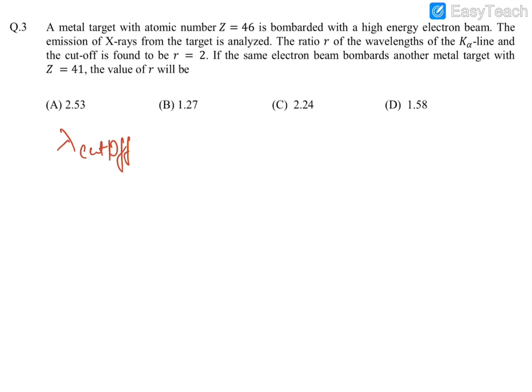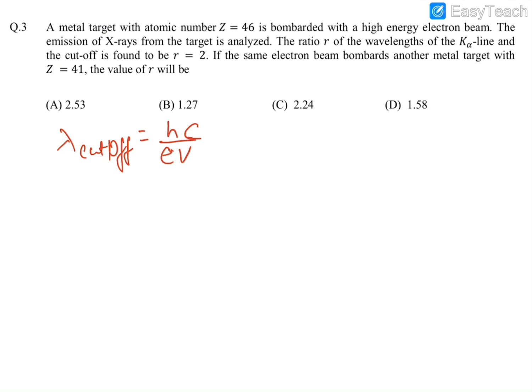Now obviously we know that lambda cutoff will be equal to hc by eV, where V is the accelerating potential of the electron beam. This lambda cutoff does not depend on the metal target.